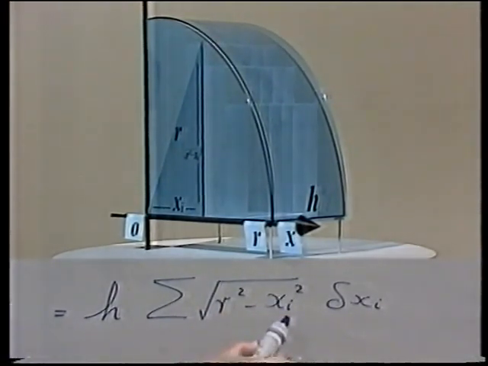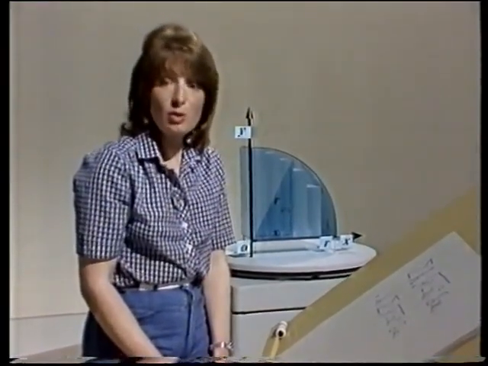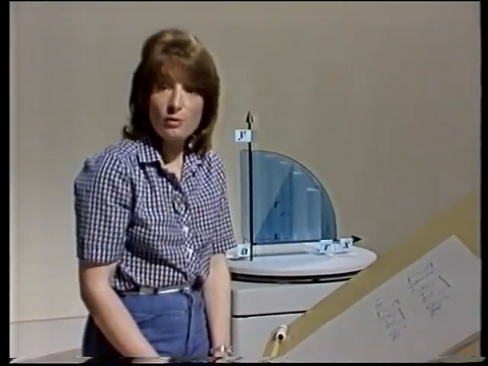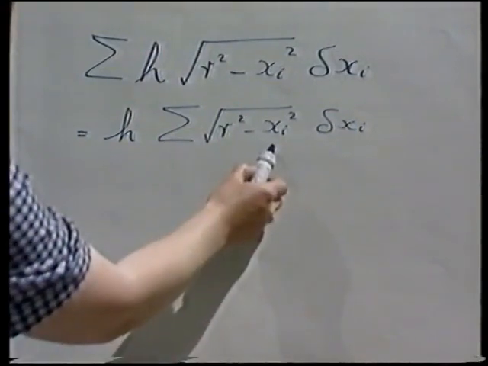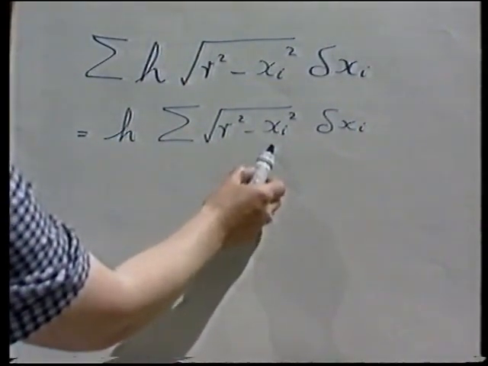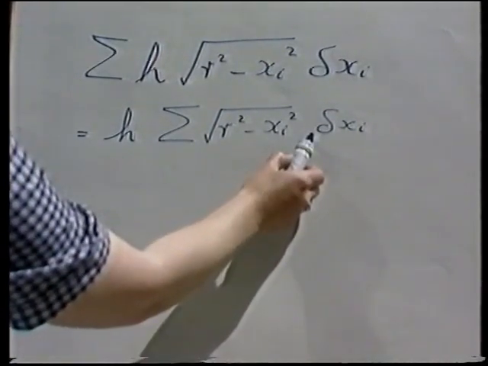Now look at this sum. Each term is the height times the width. So each term gives the area of a rectangle. So the sum corresponds to the area of all the rectangles, and so approximates the area of the quarter circle. So this whole expression for the volume of a quarter cylinder is h times the area of a quarter circle.